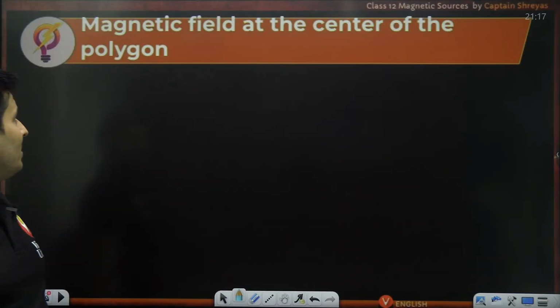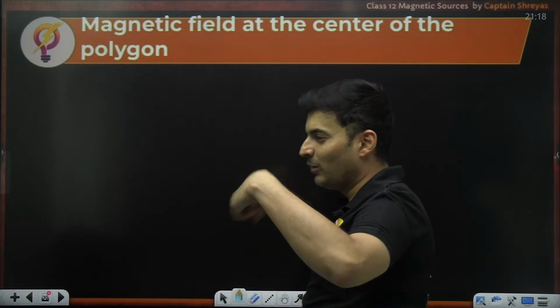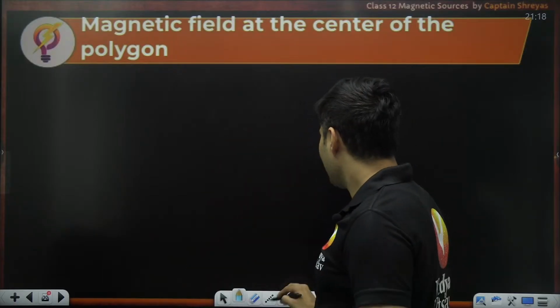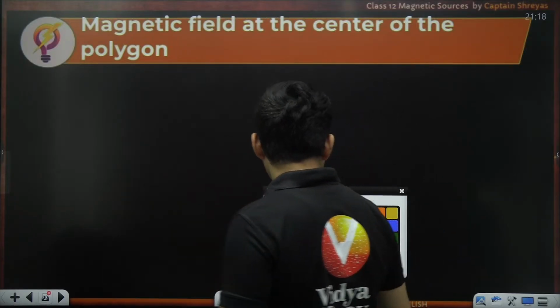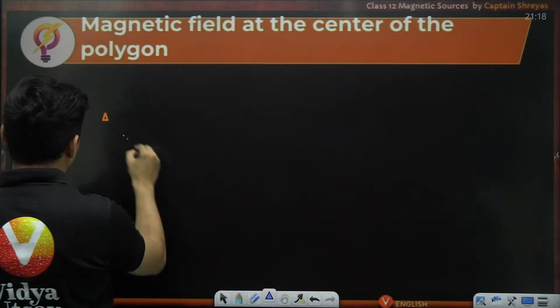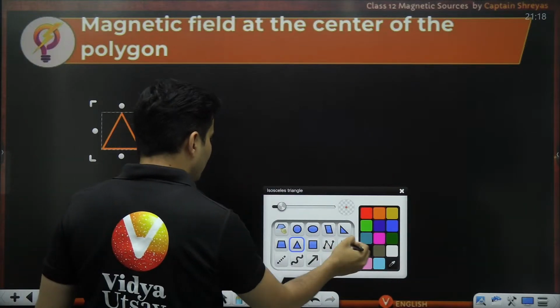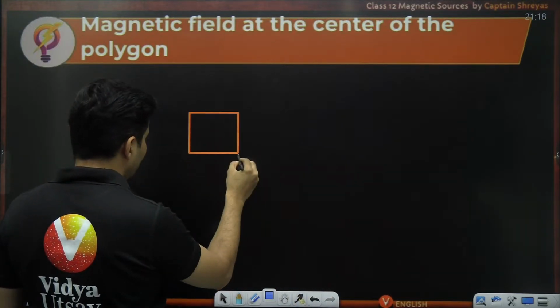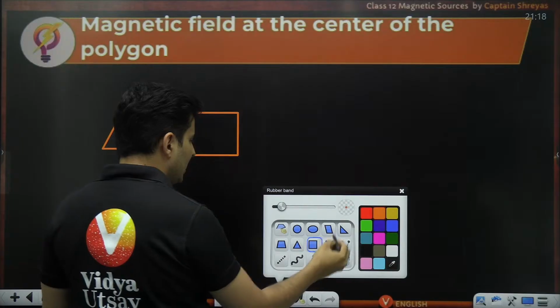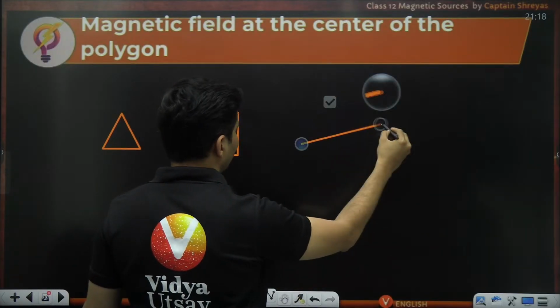What is the magnetic field at the center of a polygon? We saw a straight wire. You take any polygon, maybe a triangle, maybe a square, or maybe some n-sided polygon.